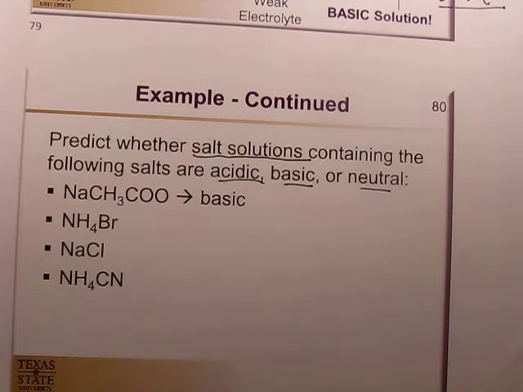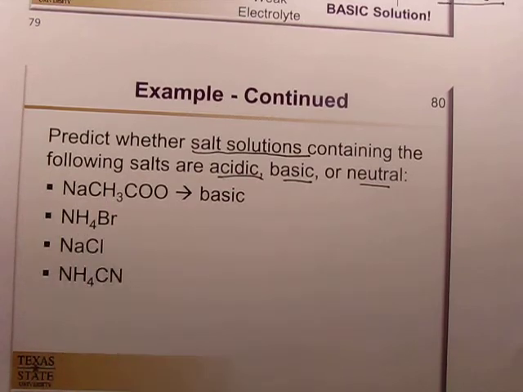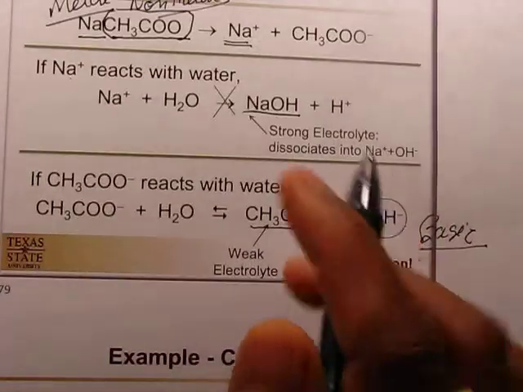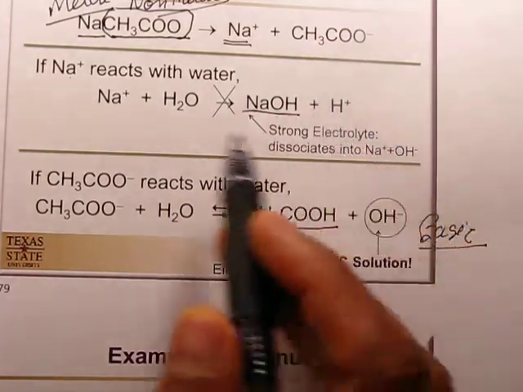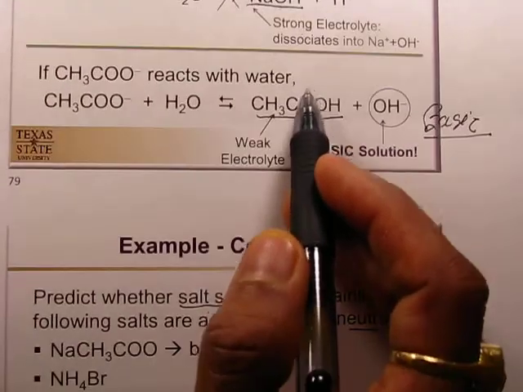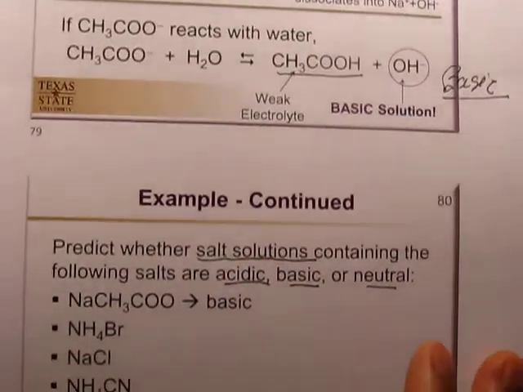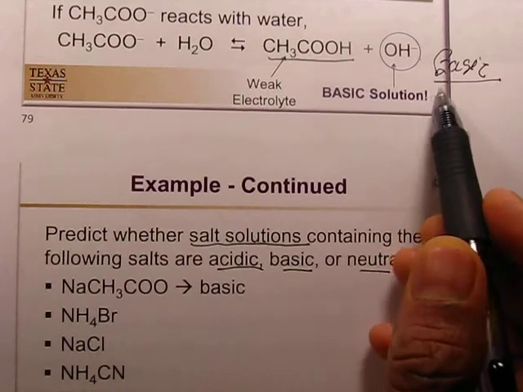We have to memorize this. We have already seen sodium acetate: once it dissolves in the water, it dissociates into sodium ion and acetate ion. Sodium ion does not react with the water, only acetate ion reacts with the water, and it increases the hydroxyl ion concentration. That is why the solution will be basic.